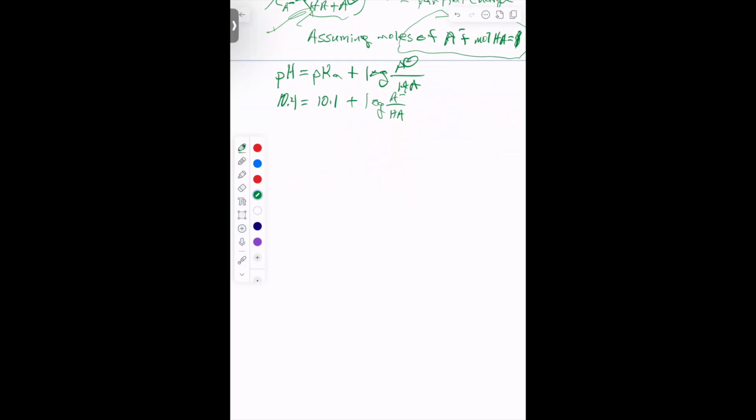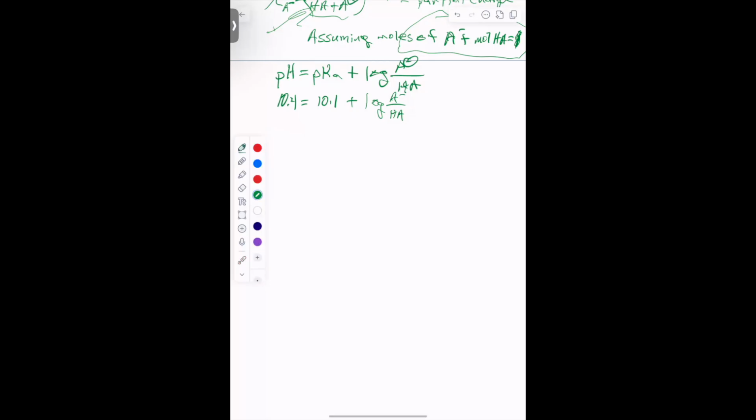So what I'm saying is, since both the A minus concentration and the HA concentration are in molarity, and they're in the same container, so they're in the same volume essentially, the volume terms can be ignored, and whatever that ratio is in moles is also the ratio in molarity, it turns out. So we can just treat these as moles, is what I'm saying. It's a little shortcut, a little way of thinking.